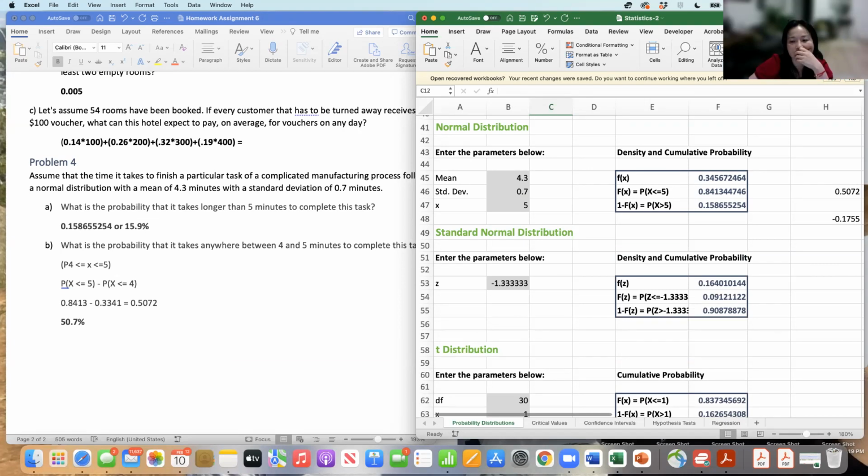Oh, I see. So it won't matter whether we include the equal sign or not when we calculate the probability, for example, for x smaller than or equal to 4.